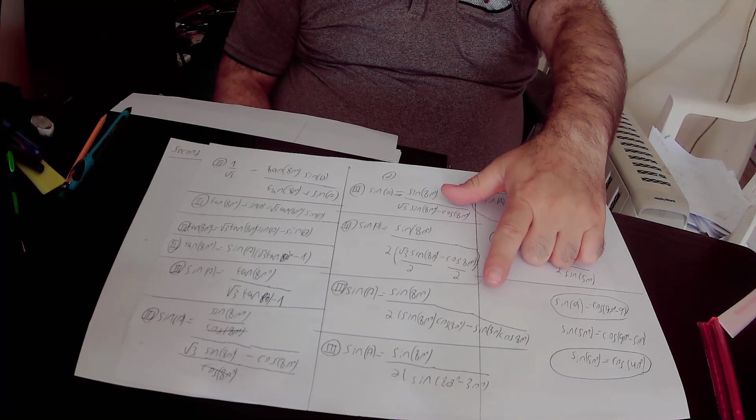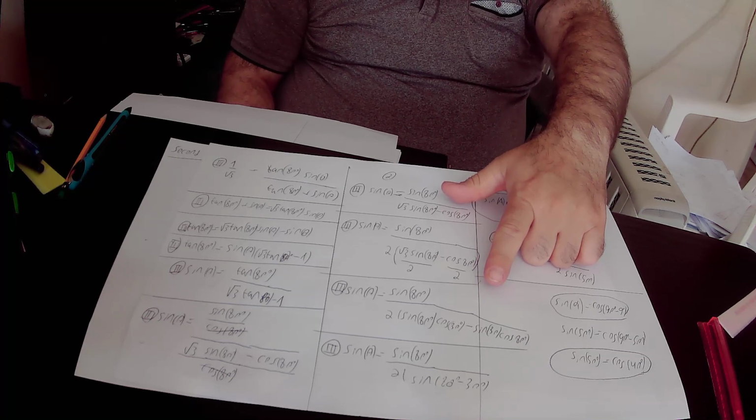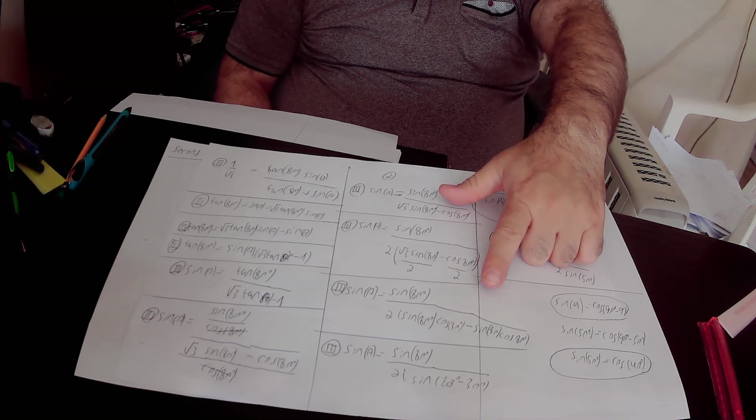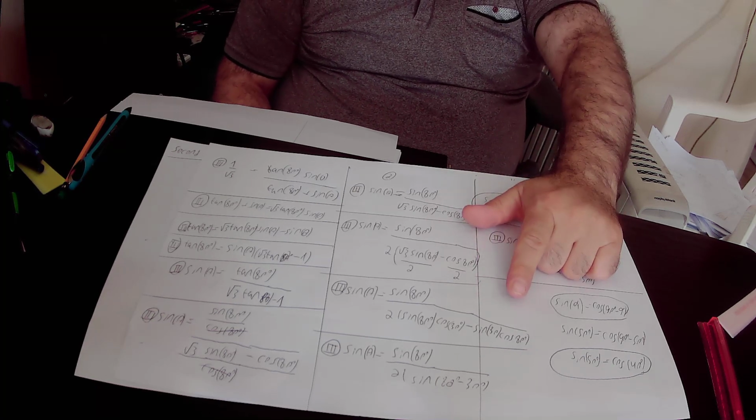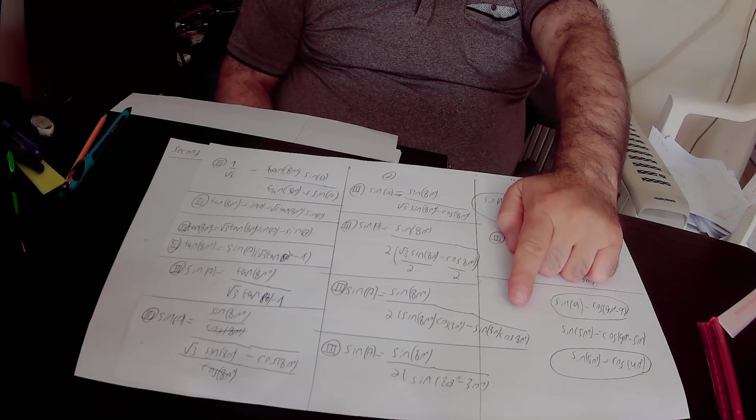Sine theta equals sine 80 degrees over 2 times sine 80 degrees times cosine 30 degrees minus sine 30 degrees times cosine 80 degrees.